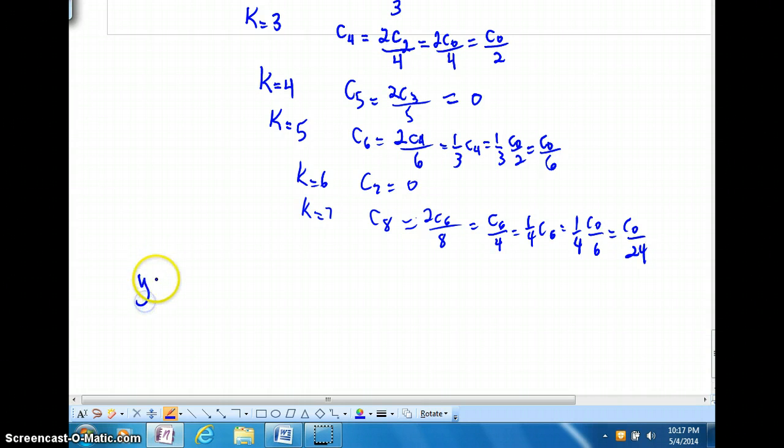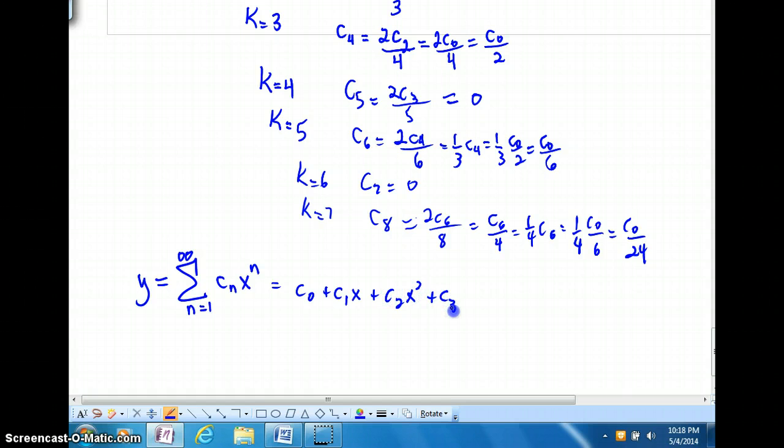We said that our solution was y equaled sigma for n equals 1 to infinity of c sub n x to the n. And if that's the case, we could real quickly just write this out and say, well, we'd have c sub 0 plus c sub 1 x to the 1 plus c sub 2 x squared plus c sub 3 x cubed, c sub 4 x to the 4th, c sub 5 x to the 5th, c sub 6 x to the 6th, and so on.